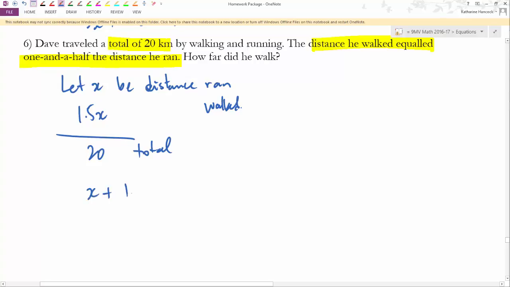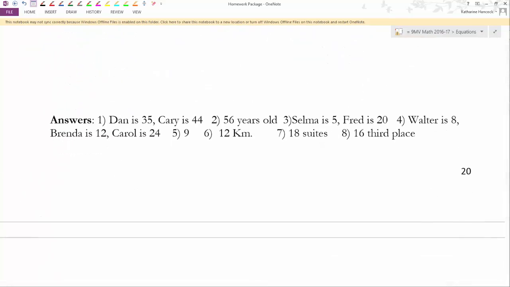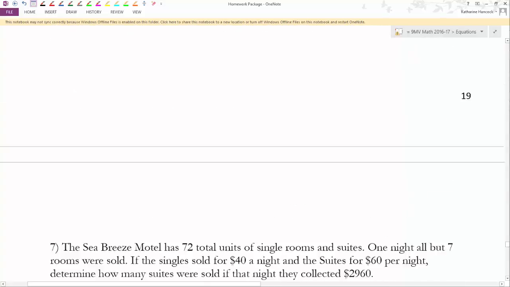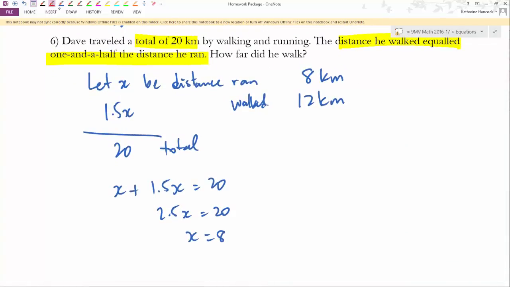So x plus 1.5x equals 20. So 2.5x equals 20. So x equals 8. So that means he ran 8 kilometers and he walked 12 kilometers. I'm just going to check the answers, see if I got that right. Yep, looks like it. Because when we go back and answer how far did he walk, the walk is 12 kilometers. So that one, not as tricky.